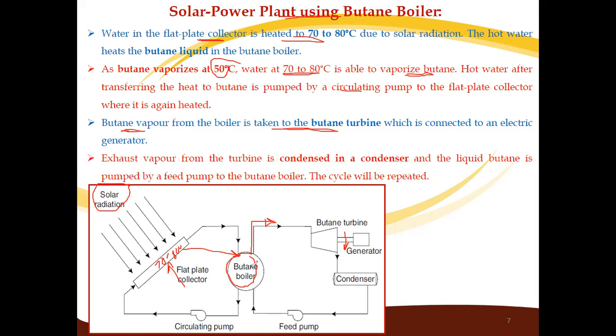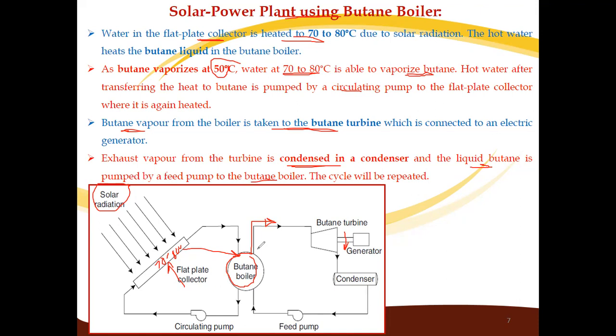So this cycle will get completed every time, and the turbine is connected to the generator where the generator converts the mechanical energy of the butane turbine to electrical energy. So exhaust vapor from the turbine is again condensed in the condenser, and the liquid butane is pumped by a feed pump again to the butane boiler, and this cycle goes on repeating.